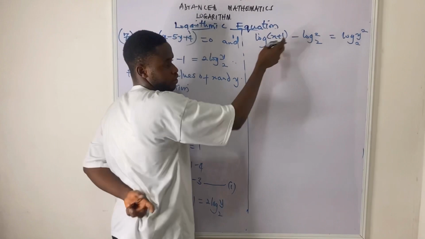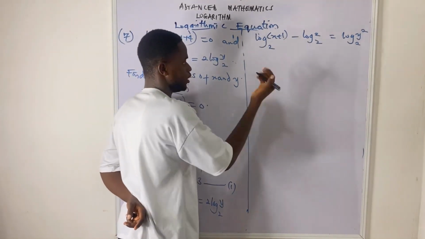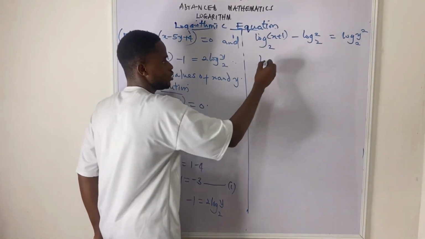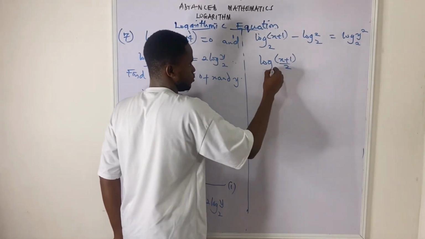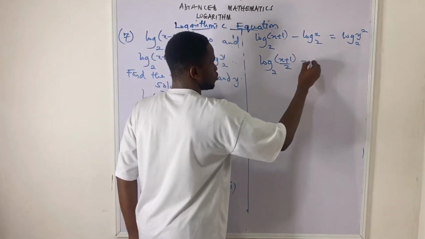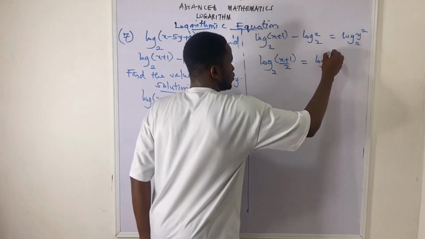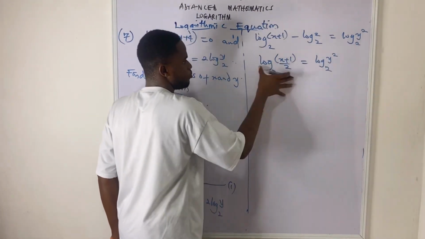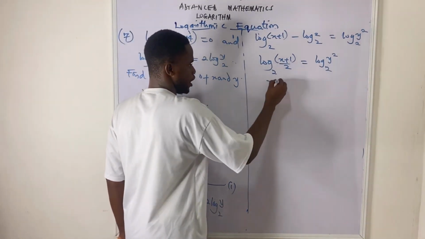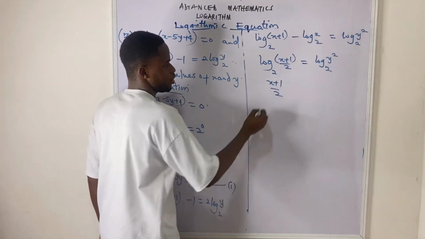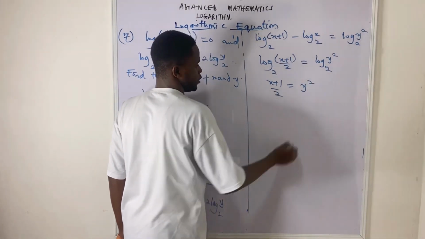So from here you can apply your subtraction law, in which you divide the numbers. So we have log of (x plus 1) divided by 2 base 2 equals what? Log y squared base 2. Since I have the same base, the numbers will be the same. So that gives us (x plus 1) divided by 2 equals y squared.